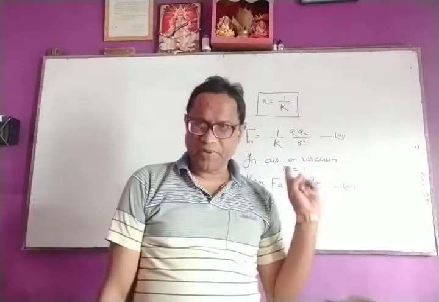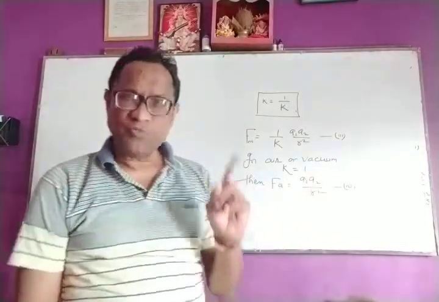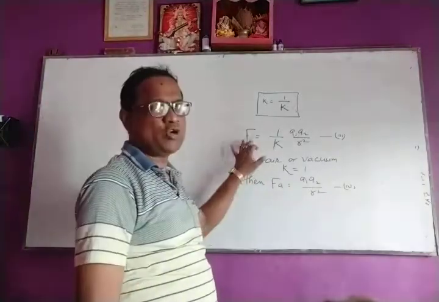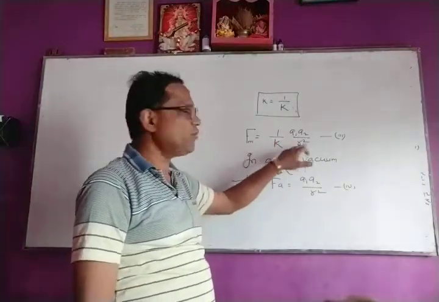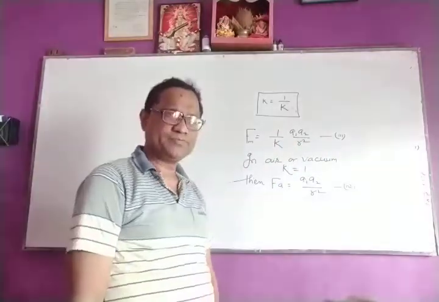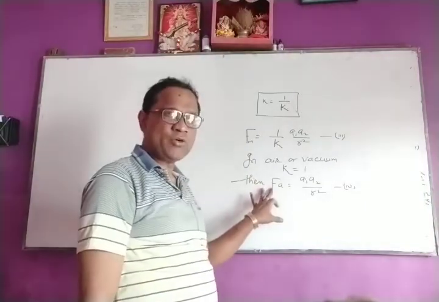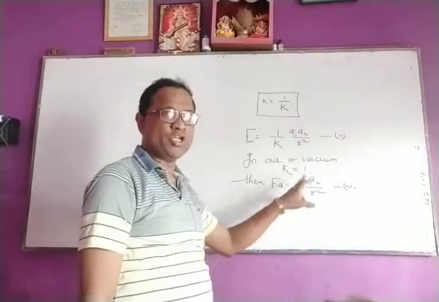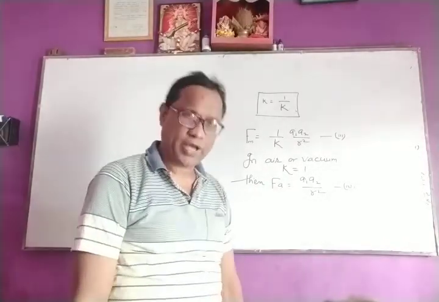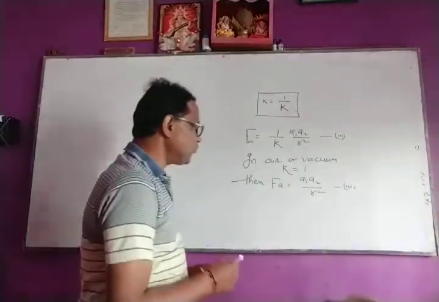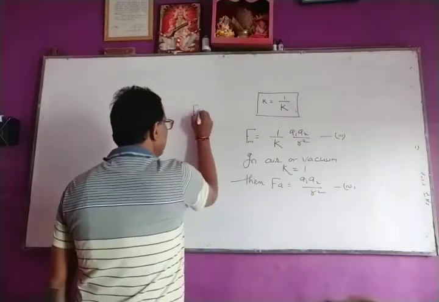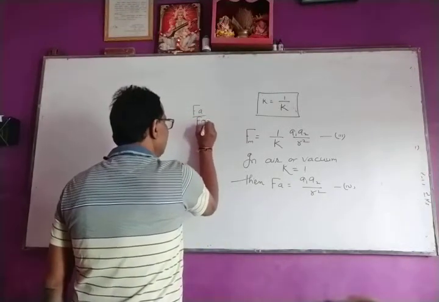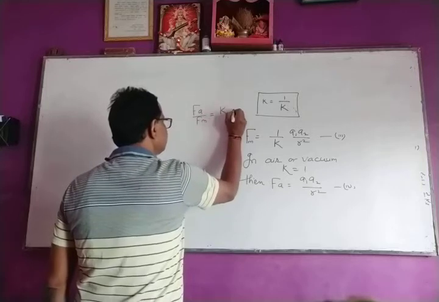So in case of a medium we can write Fm is equal to 1 by capital K Q1 Q2 by R square. In air or vacuum, capital K is equal to 1, so Fa is equal to Q1 Q2 by R square. Dividing equation 4 by 3, Fa by Fm is equal to capital K.